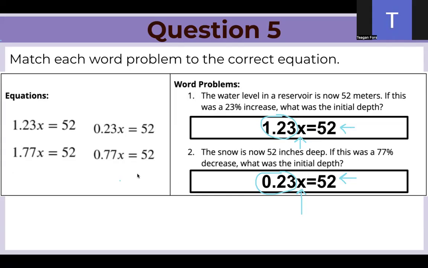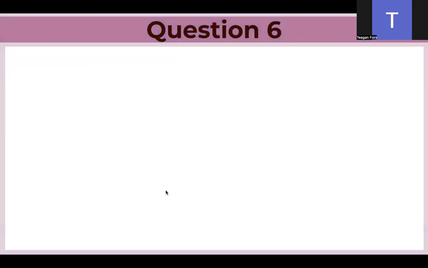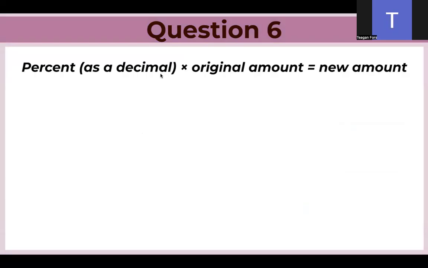So when we write our equations, we are going to be looking for those three parts, just like it says here. So we are going to write our percent as a decimal. We are going to multiply that percent times the original amount we started with, and that is going to equal the new amount that we are looking for.